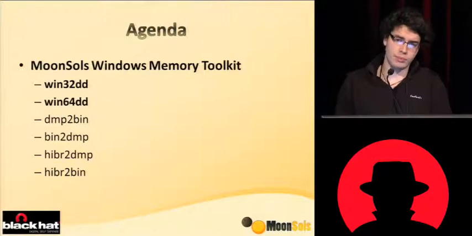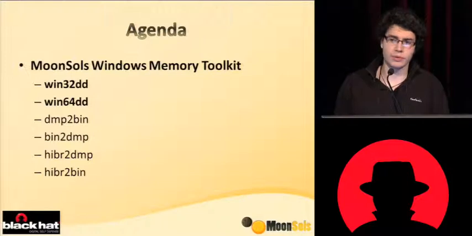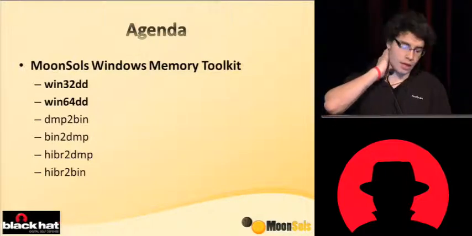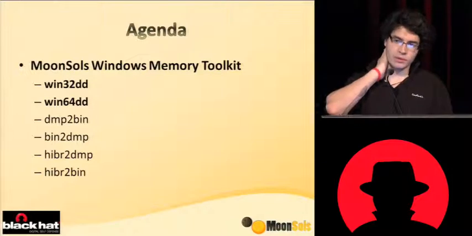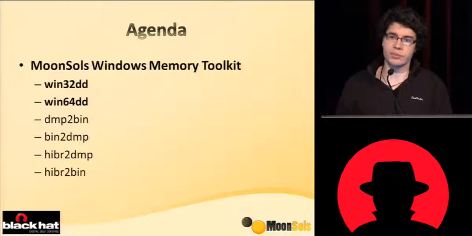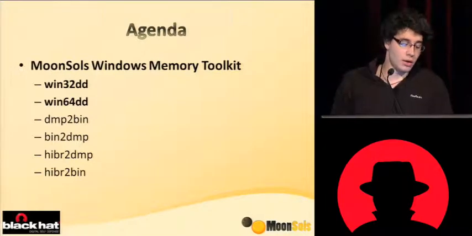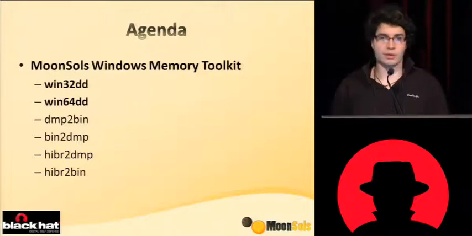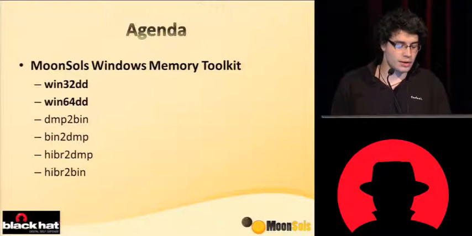So the toolkit I'm presenting is called the Moonsols Windows Memory Toolkit. It contains various utilities, including Windd, Dump2bin to convert a Microsoft Crash Dump into a linear memory dump, the raw dump. You can also convert a raw dump into a Microsoft Crash Dump, so we will see why it can be interesting sometimes.